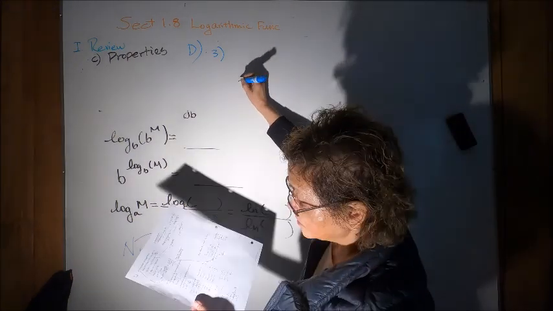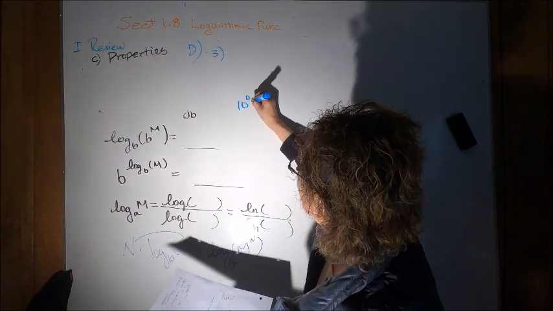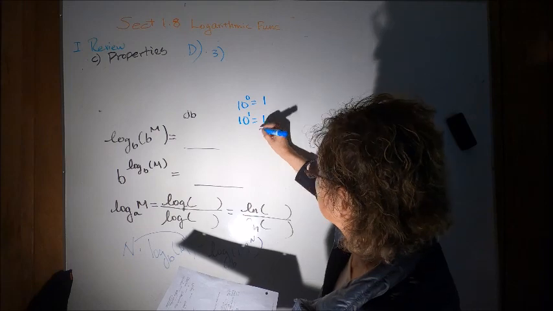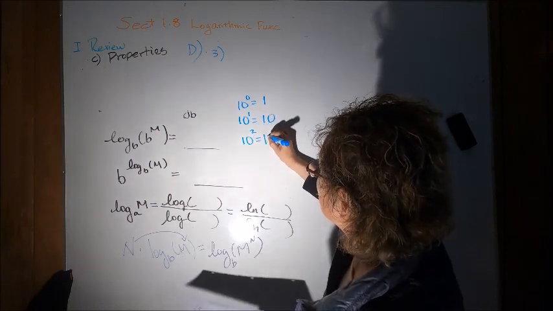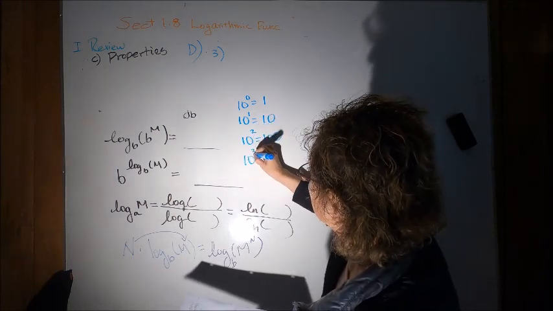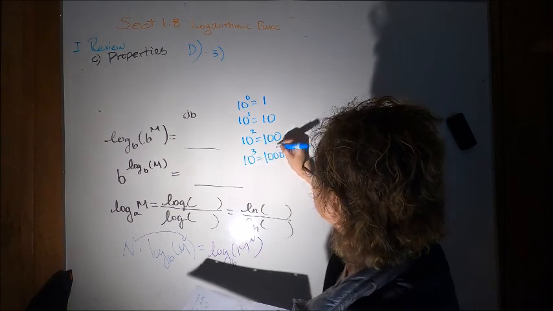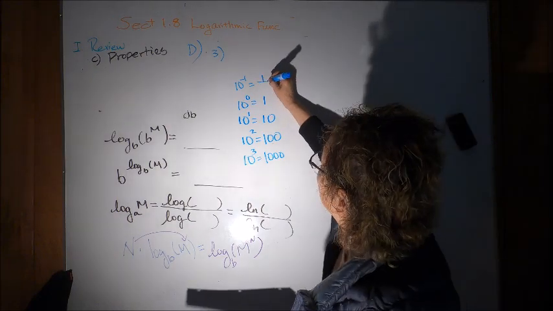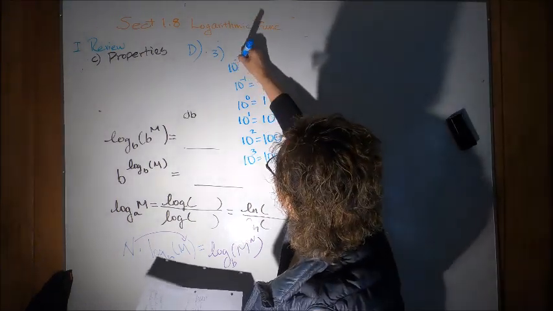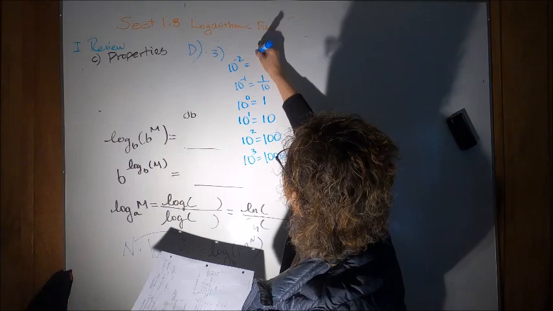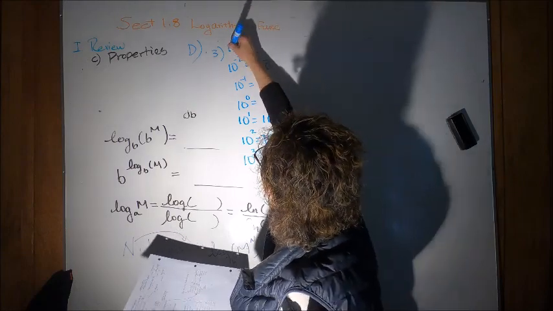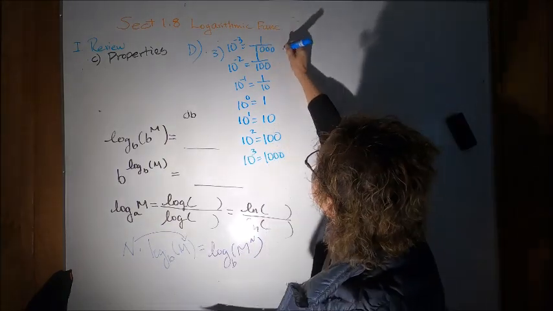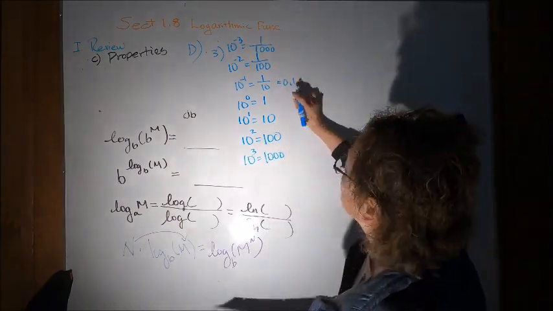So we use base 10. 10 to the 0 power is 1. 10 to the 1 power is 10, right? 10 to the second power is 100. 10 to the third power is 1000. 10 to the negative 1 is the reciprocal, 1/10. 10 to the negative 2 is 1/100. 10 to the negative 3 power is 1/1000.